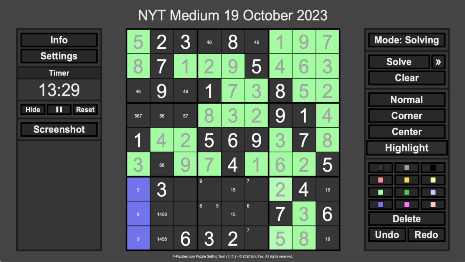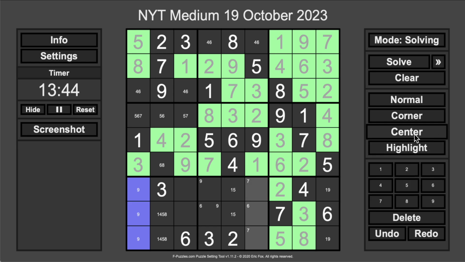Column 6, I have 1, 2, 3, 5, 9. I need 4, 6, 7, 8. Whoops. This can't be 6 or 7.